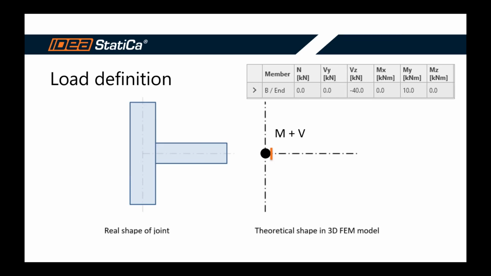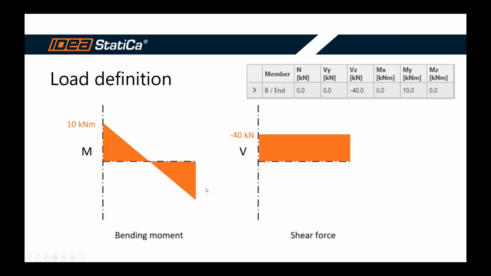This is an example of a connection where a combination of shear force and bending moment is defined. And because we want to have the distribution of forces along the whole cut part of those members, we need to extrapolate them somehow from the node farther.